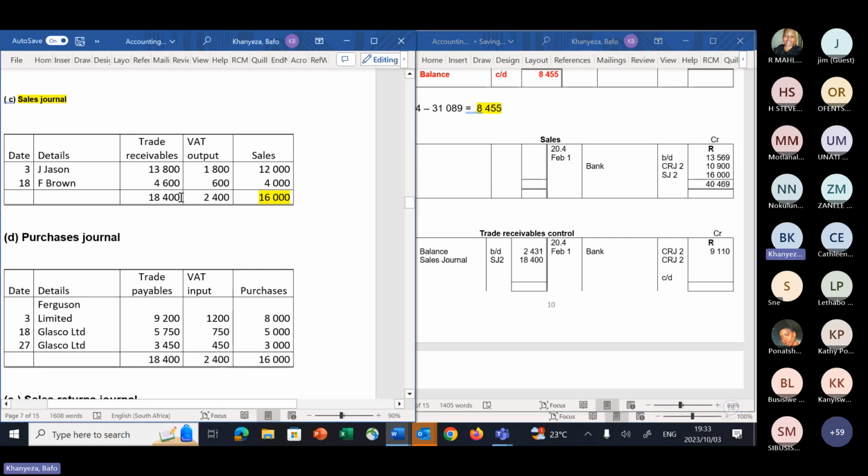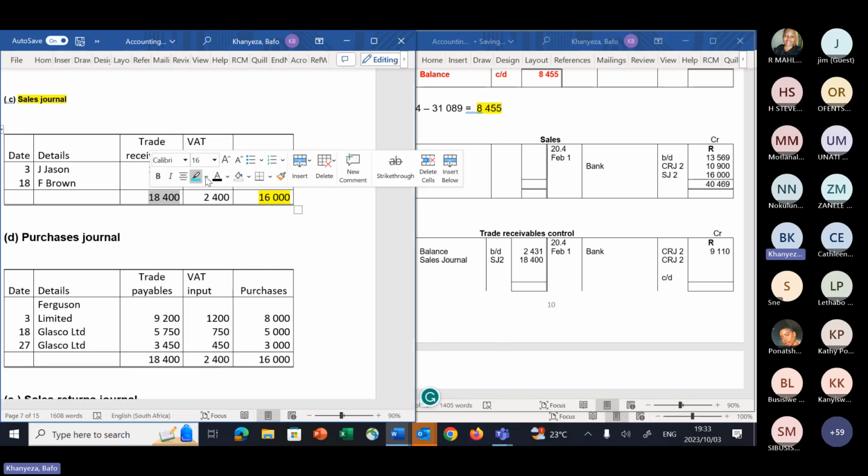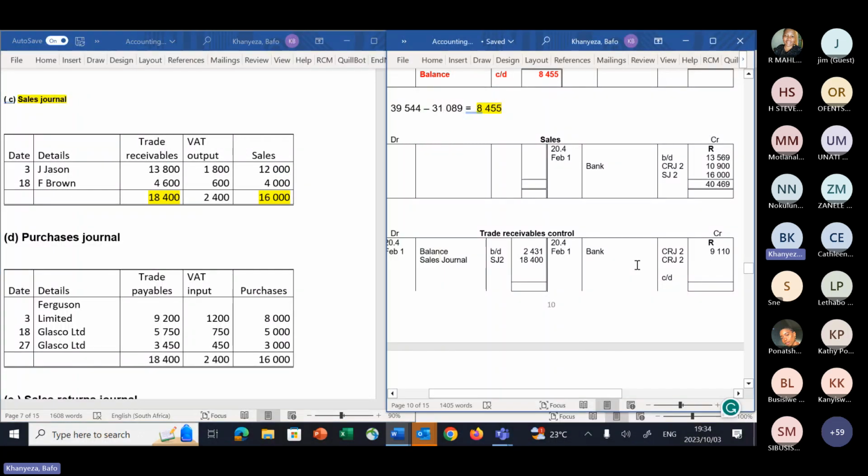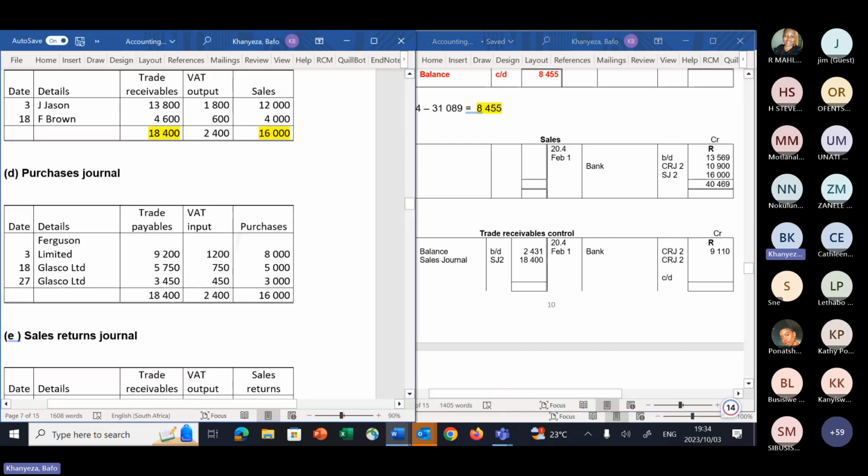So what we've dealt with, we highlight so that you can see what you've already dealt with, and what is outstanding that has to deal with trade receivables.